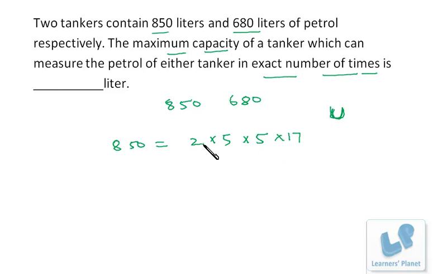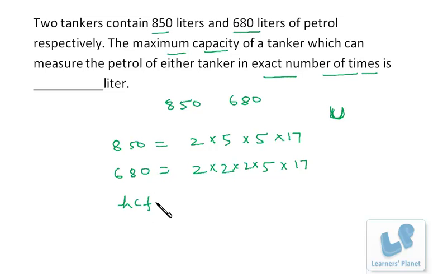So these are the factors of 850. Similarly, 680 is 2 into 2, that is 4, and this is 17. So 17 fours are 68. So still we need 10. So it's 2 into 5, right? 5 2s are 10, 170, and into 4 is 680. So we got the factors of 850 as well as 680.